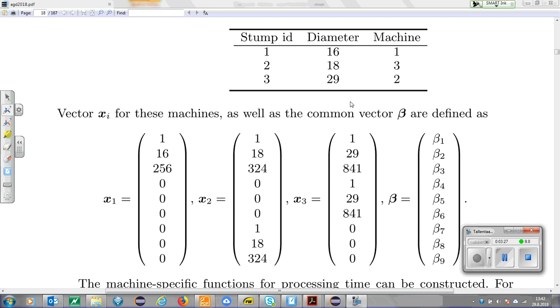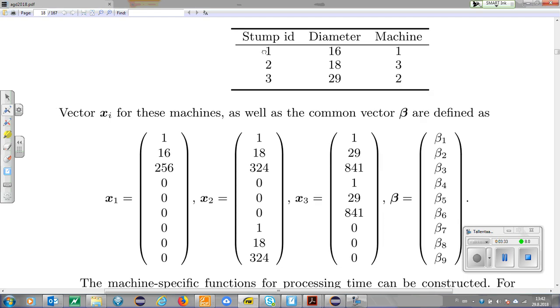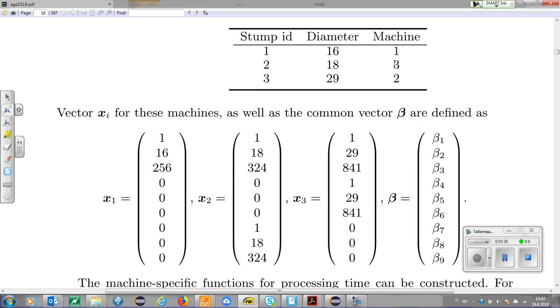And now we illustrate the vector formulation of the model using three different stumps. So we have stump 1 that was processed using machine 1, then stump 2 that was processed using machine 3, and stump 3 that was processed using machine 2, and here are the diameters of those three stumps.